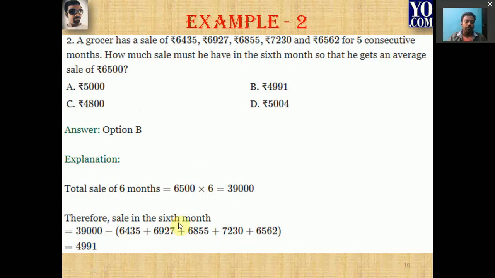If we subtract the sale of the 5 months from the total 6 month sale, we will get the 6th month sale. Understand? This is the total of 6 month sale, and these are the individual 5 month sales. You subtract the 5 months from the 6 month total, you will get the 6th month sale. This is the second example, very easy.